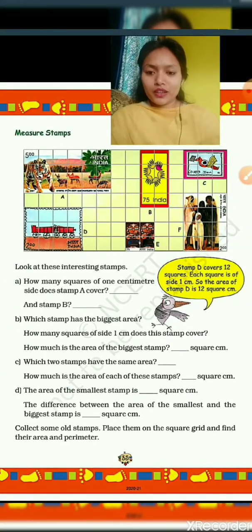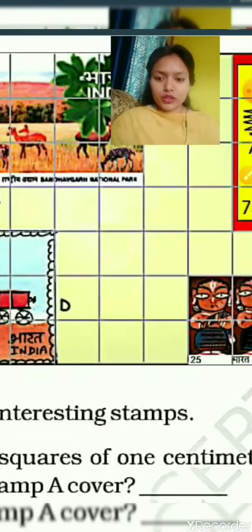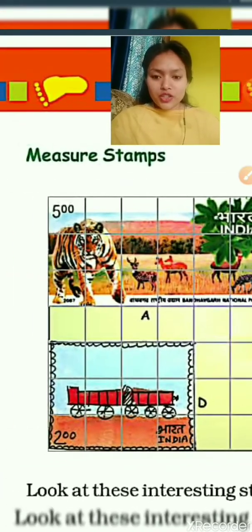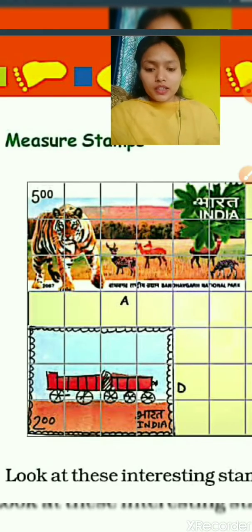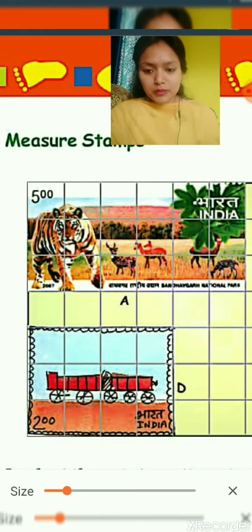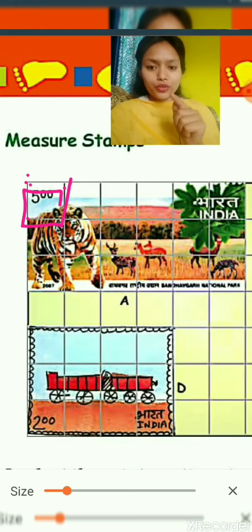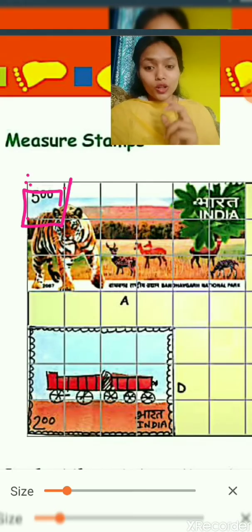If you measure these stamps using the scale, you will find that this is 1 centimeter, from here to here is 1 centimeter, and all sides are 1, 1, 1, 1. All four sides are equal, so it is a square.